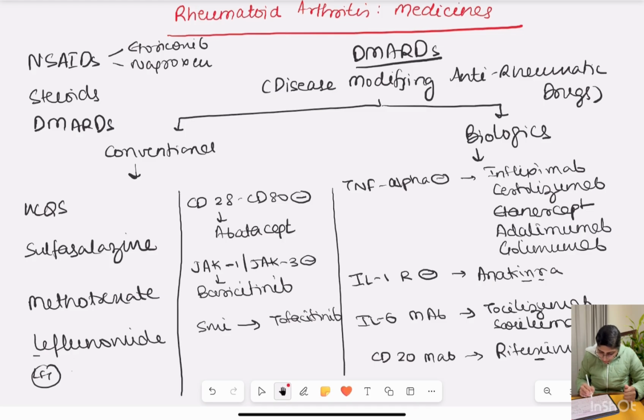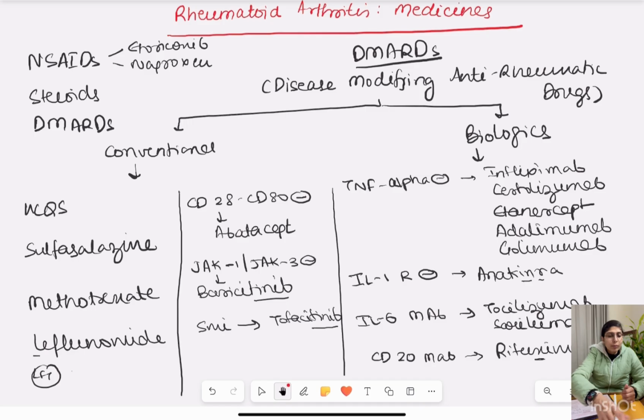See, tinib, small molecule inhibitor: baricitinib, tofacitinib. So these are the biologics involved in treatment of rheumatoid arthritis.